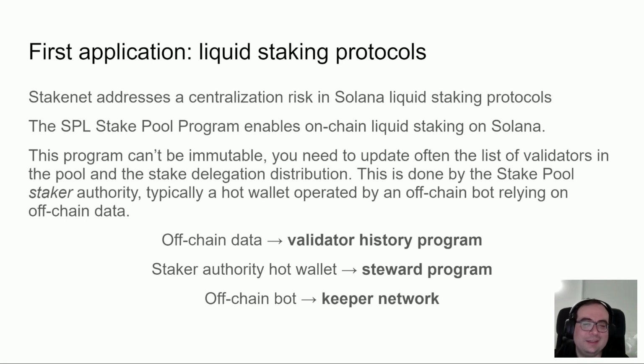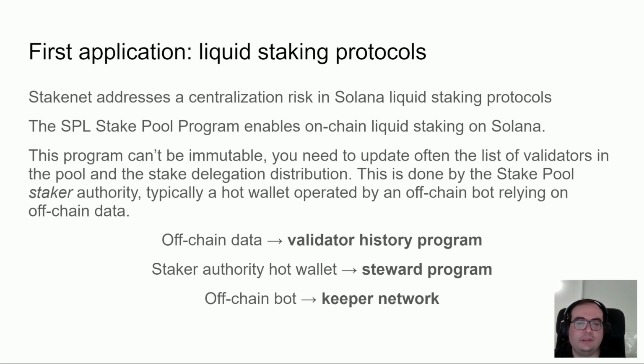So how is this done today? There is a staker authority in the stake pool program that can implement these changes. And typically, the staker authority is nothing else than a hot wallet operated by an off-chain bot developed by the team that created the liquid staking protocol. And this off-chain bot relies on some off-chain data, again managed by the team that handles the liquid staking protocol.